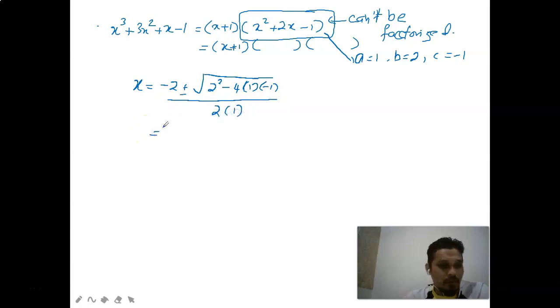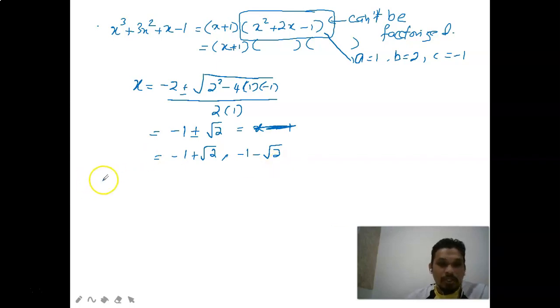So from here, we can come up with a result of negative 1 plus minus square root of 2, which means that x equal to negative 1 plus square root of 2, or negative 1 minus square root of 2.